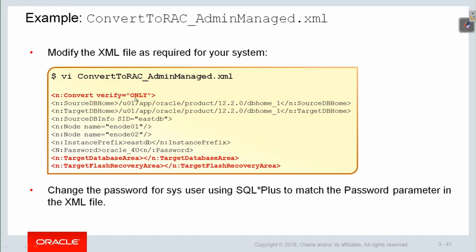You keep ConvertVerifyOnly, and then you provide all the required information. When you hit the target database area, you have to make it null, meaning that I will use the same database location as is.